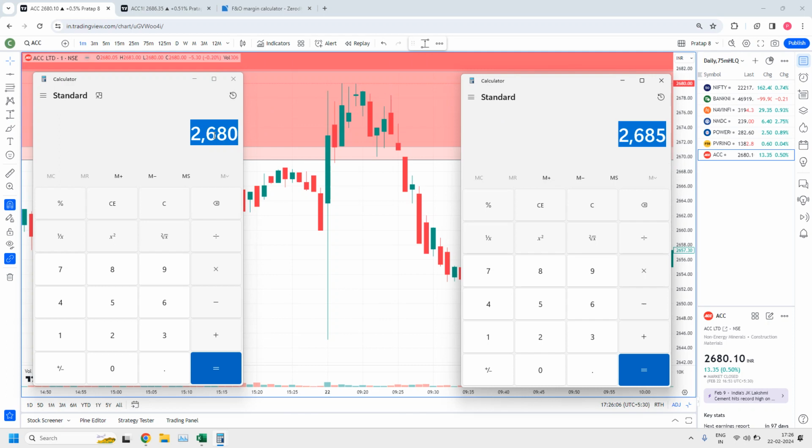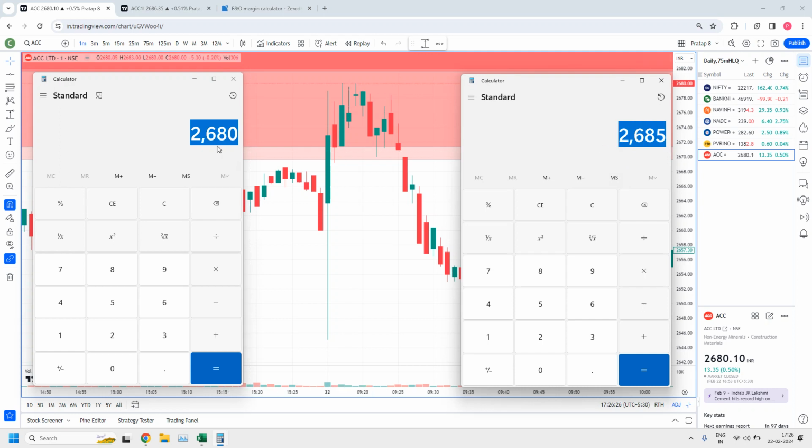That is the way you have to assume. Even though there is a difference of 5 rupees, it is because of the premium value. What you have to assume is that 2680 in the equity chart is equivalent to 2685 in the futures chart.